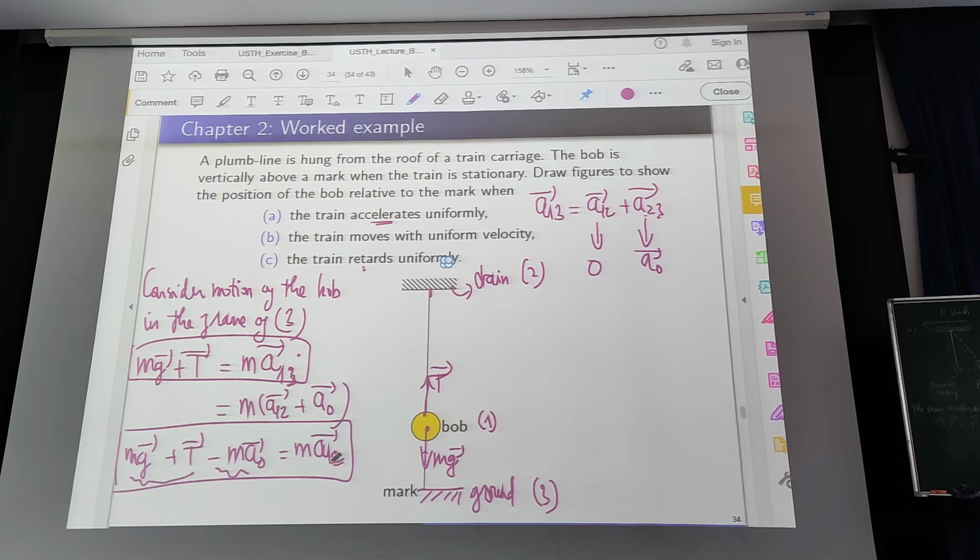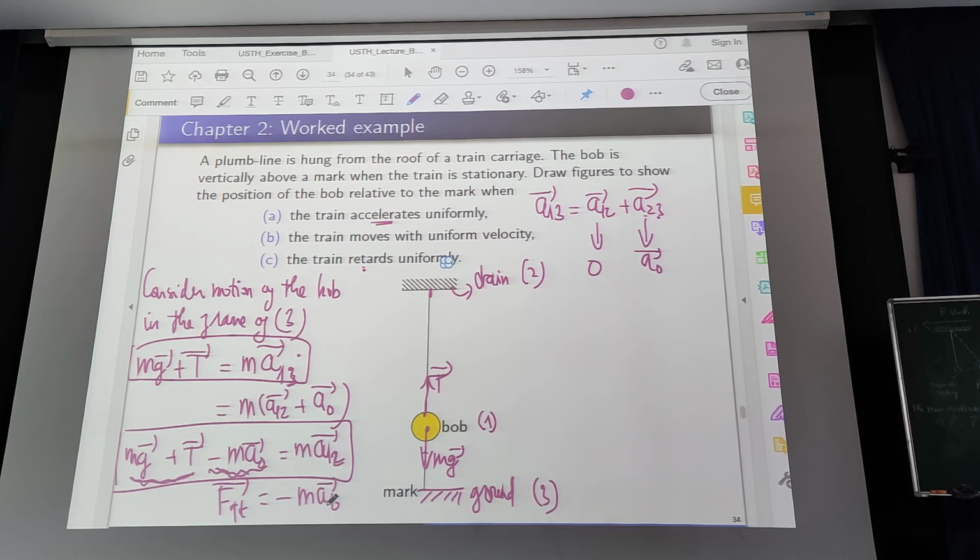So here is the frame of the train, and this is a non-inertial frame. And the force you set up here is the inertial force. Okay? So if you look at the frame of the train, then in addition to these two forces, you have the inertial force, and the inertial force is equal to minus m times the acceleration of the frame.